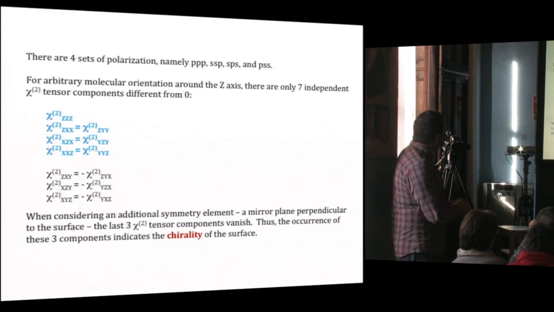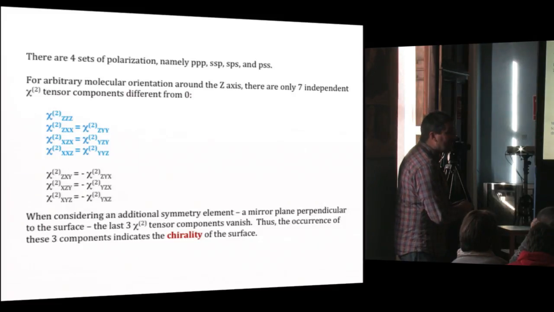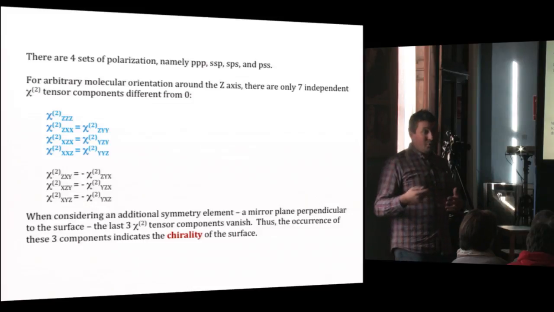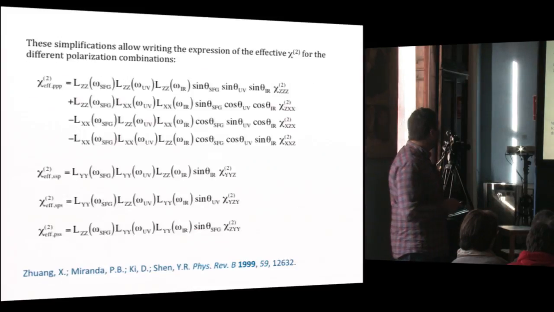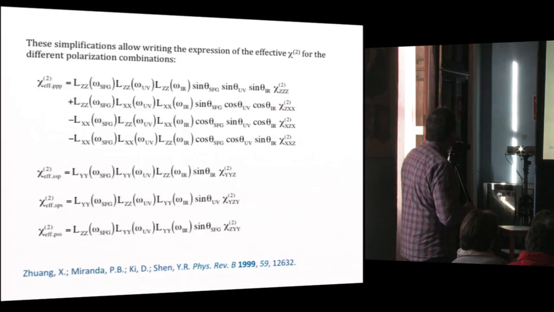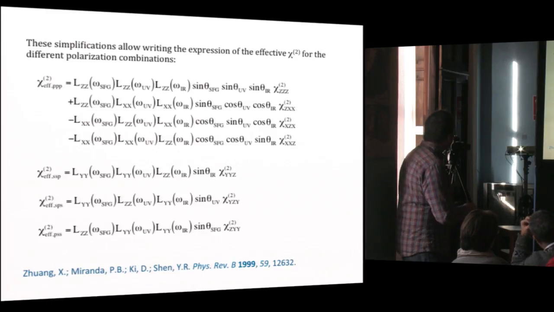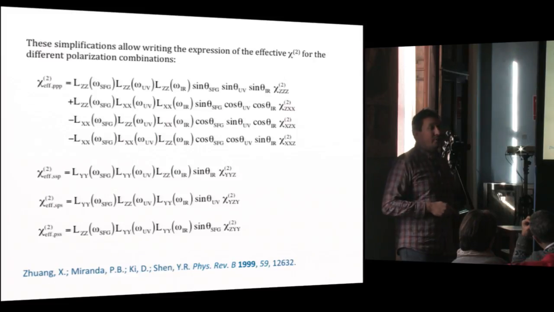So when you have PSS, it means that infrared is S polarized, Raman is S polarized, and SFG is P polarized. And this is important because if you change the polarization, you might change a lot the intensities of the light. So these are just the full expressions showing that in the case of PPP, you need to calculate the 4 tensor components, whereas in the case of SSP, SPS, and PSS, you only need to calculate one of these.